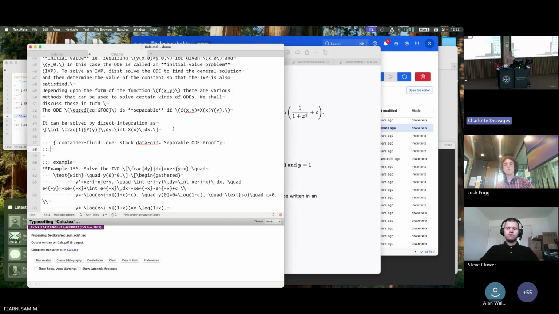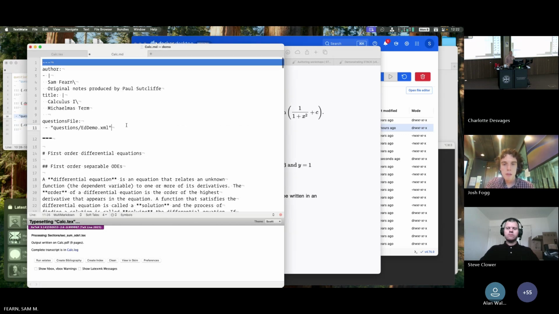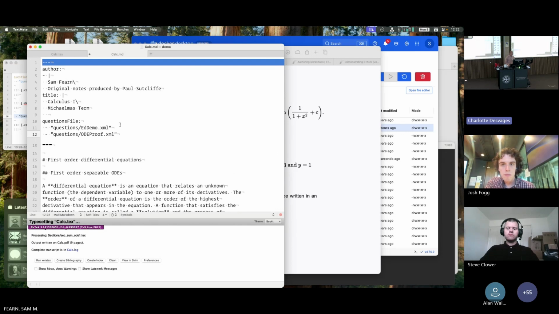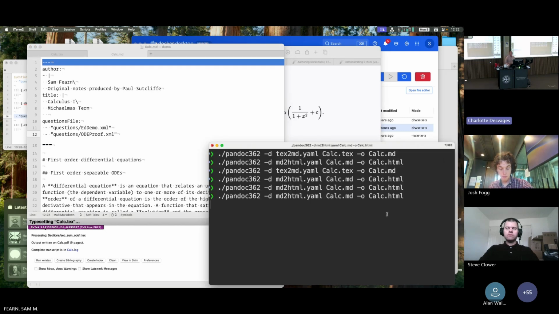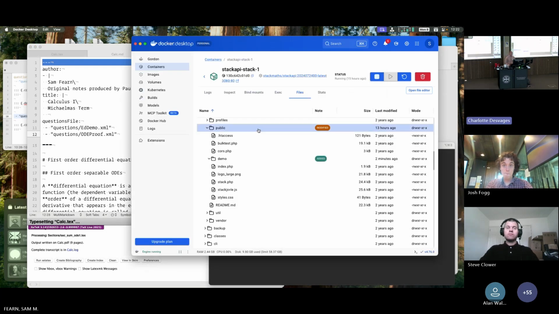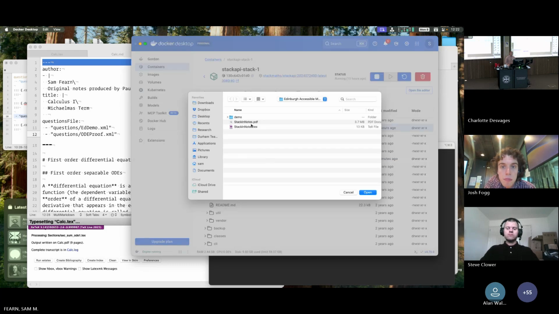Now this uses an additional question file. So I'm going to tell it I've got two question files that I'm trying to load questions from now. Let's build this. Let's copy it back to my web server.